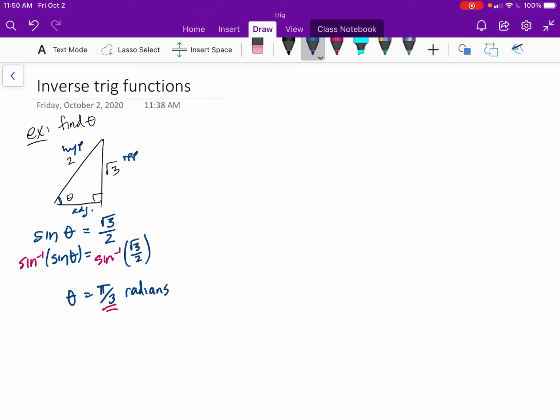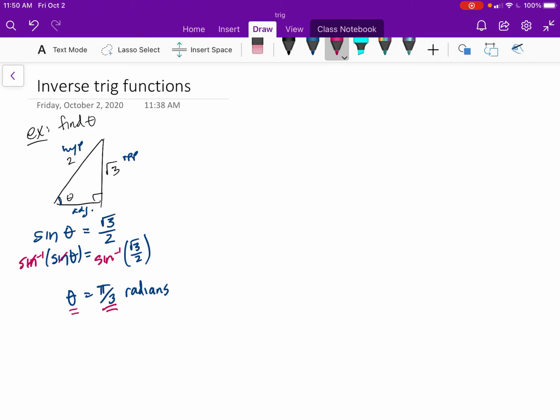Whatever, if you have an equation, as long as you do the same operation on both sides of the equal sign, then that's acceptable. And the reason we do this sine inverse is because inverse functions, sine inverse and sine, would cancel, and therefore I would only have theta on the left.